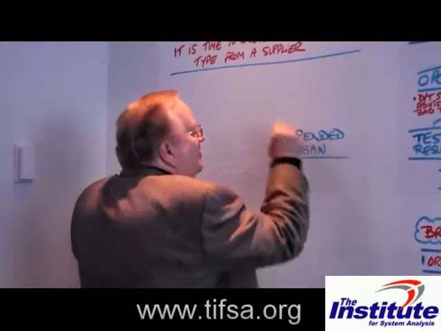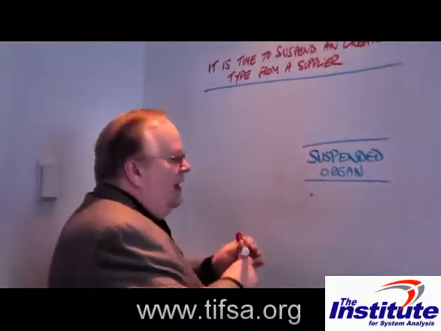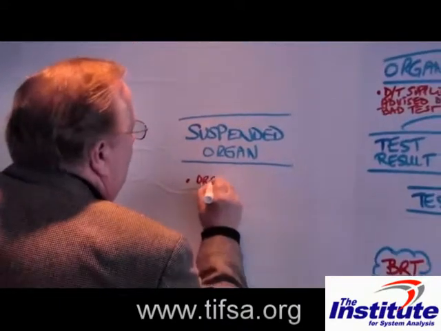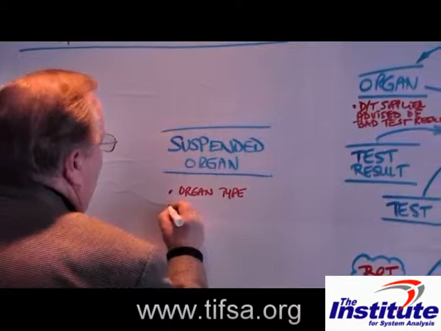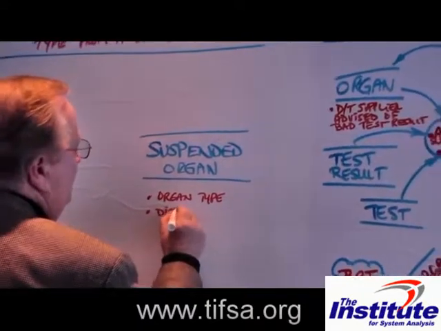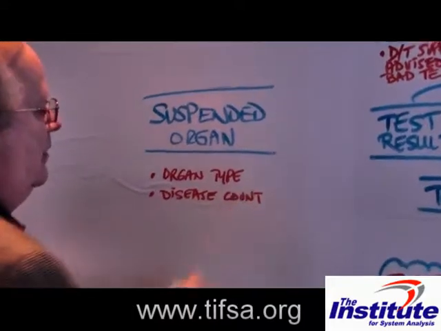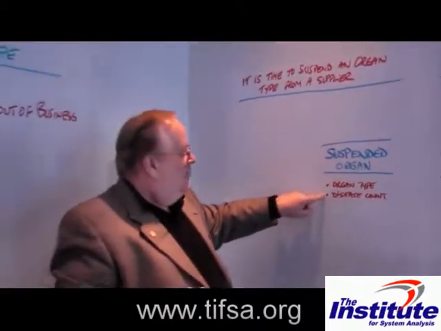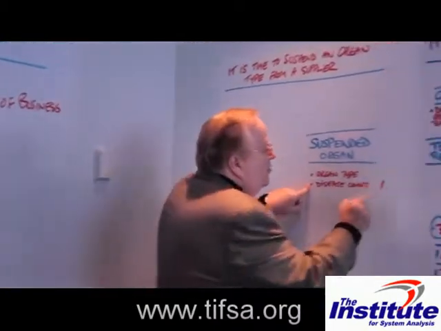And a suspended organ will keep track of the type of organ. I'm going to put organ type here, and I'm going to put disease count here. So if you get a heart, an organ type called a heart, and you get one from a supplier that's diseased, you're going to increment that by one.